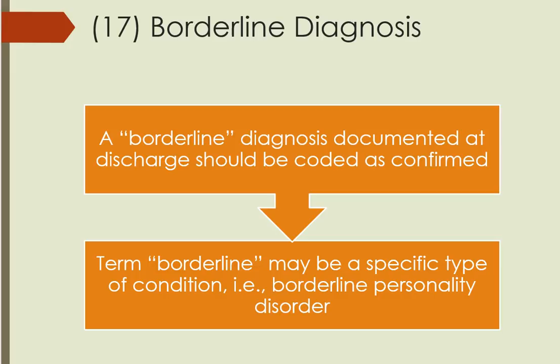The diagnosis is coded as confirmed unless the ICD-10-CM index has a specific entry, such as borderline personality disorder. You'll see this in the alphabetical index. So if a borderline condition has a specific entry in ICD-10-CM, it should be coded as such.